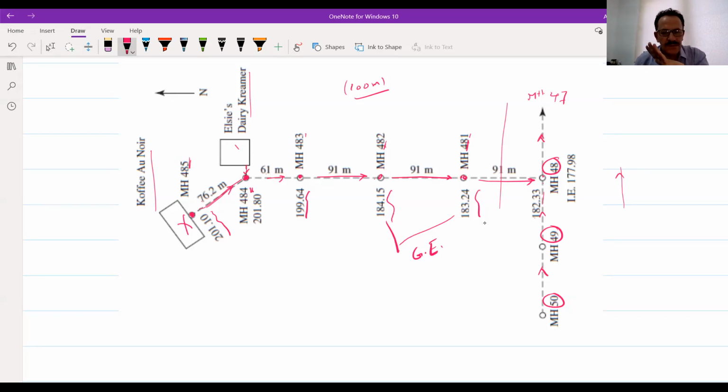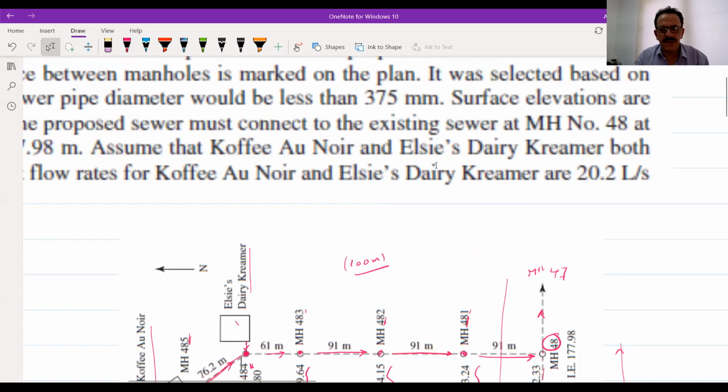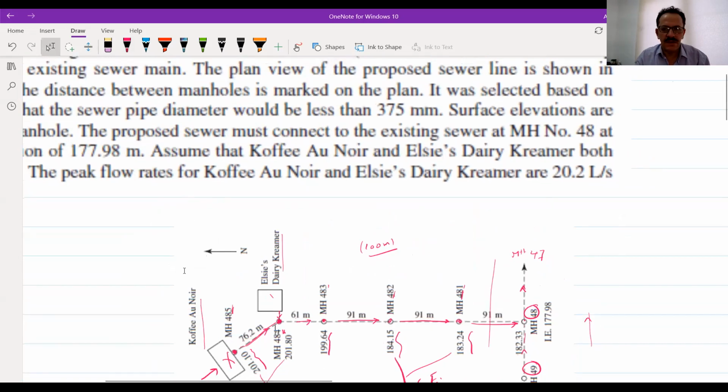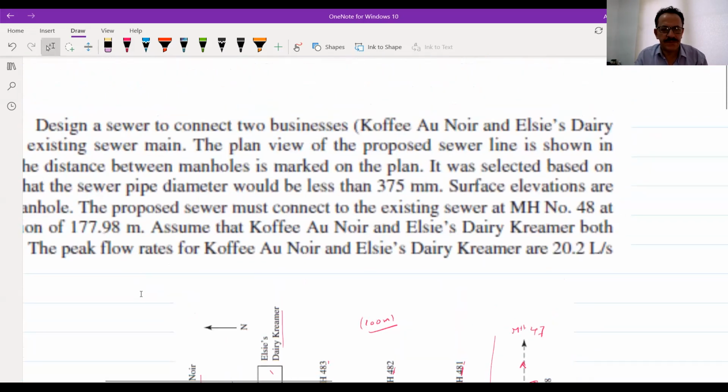So this is the first step for your design, how to start. You first have to find these numbers. This is from the surveying. And the other one is to find the Q. By the way, we have to have the Q that will flow from this manhole to that manhole. So we have the flow through this example.